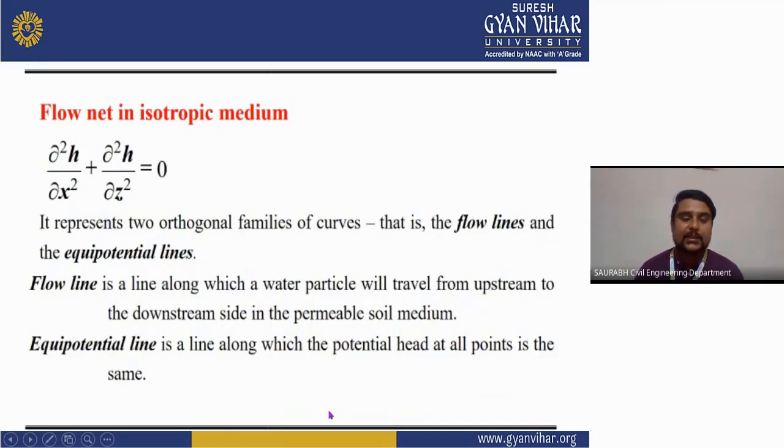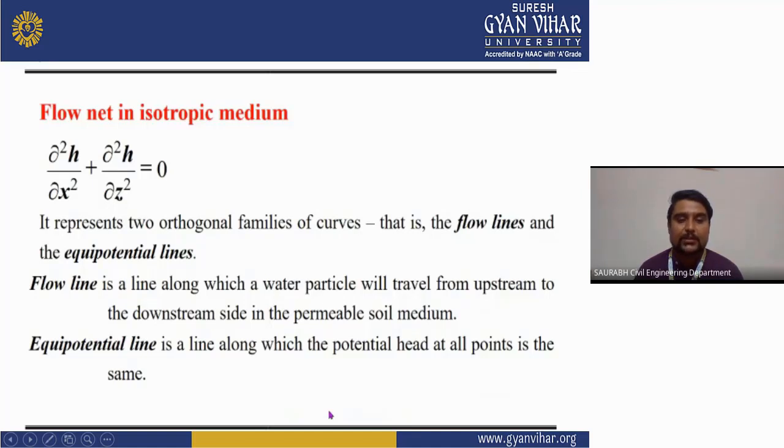As you can see, there is one equation given here for flow net in an isotropic medium, and it represents two orthogonal families of curves: flow lines and equipotential lines. What is a flow line? A flow line is the line along which a water particle travels from the upstream to the downstream side in the permeable soil medium.